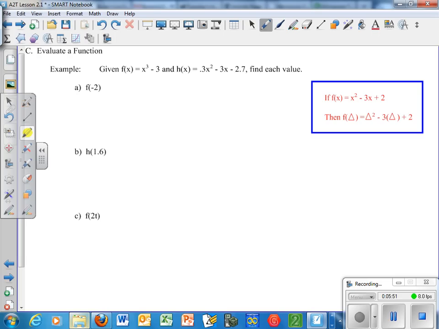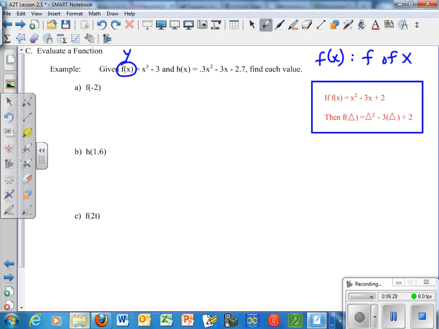Evaluate a function. All right. This is functional notation. You haven't seen a whole lot of this. Given f of x. This f of x, that's kind of like a y. So kind of think of it what you're used to seeing. It's read f of x, the function f that has the variable x in it.